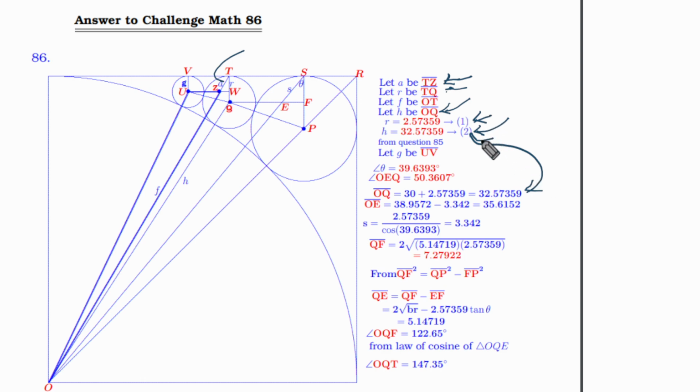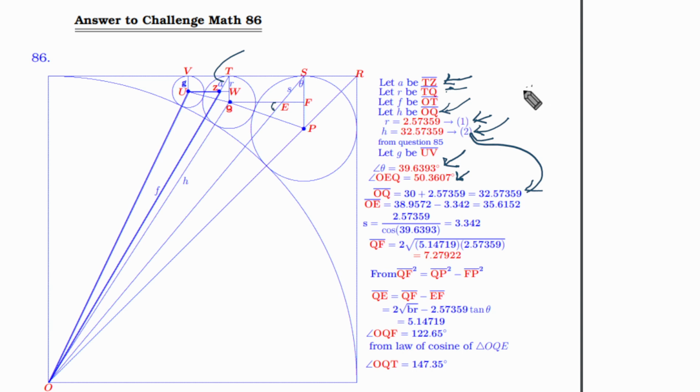So pretty much like here, 39.6393 is the angle theta, and from there we get the angle OEQ. OEQ means this angle, right? Those are just a review from the last question.